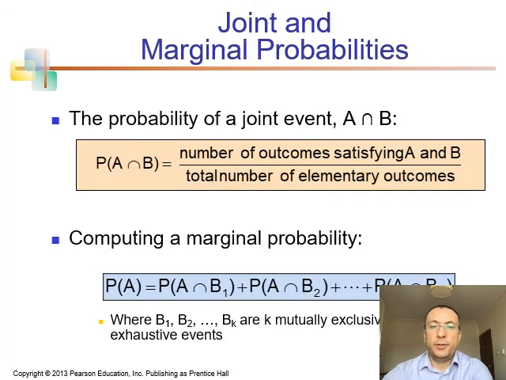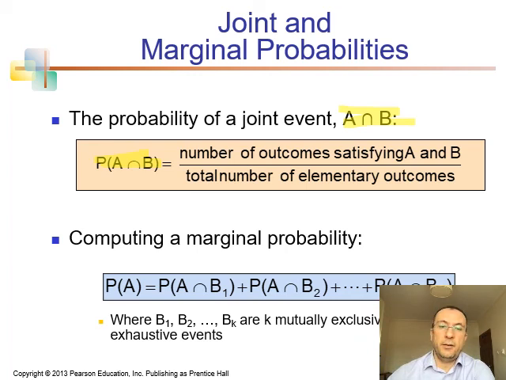And the same concept applies between two events. We can also apply this concept to multiple events. The logic will be the same. Probability of A intersect B is equal to the number of outcomes satisfying A and B over the total number of elementary outcomes. And it's also possible to compute the marginal probabilities.